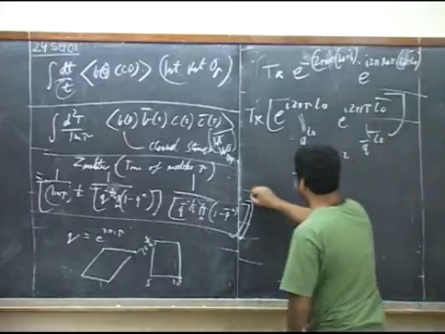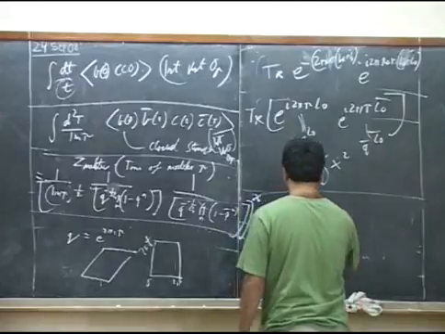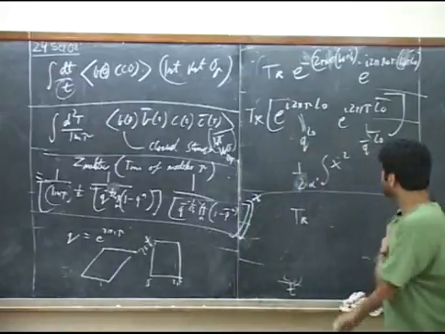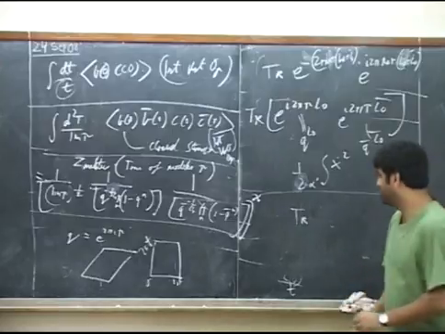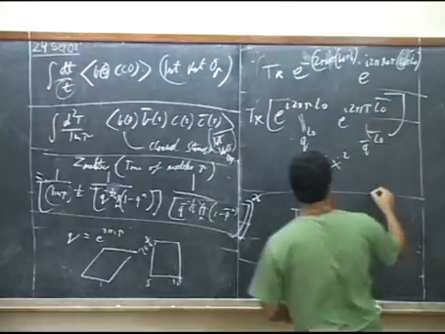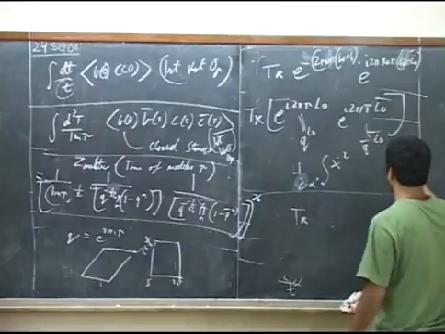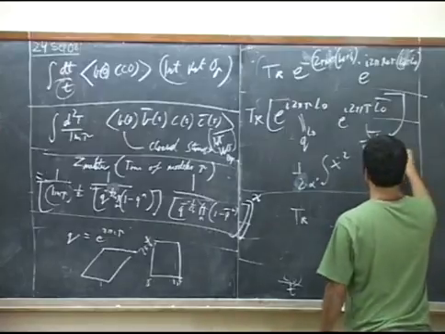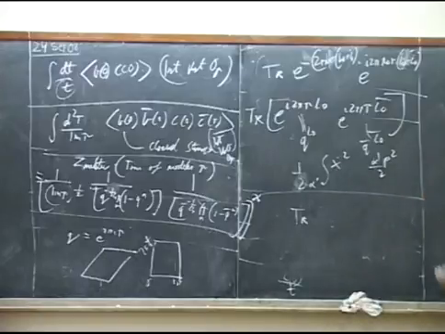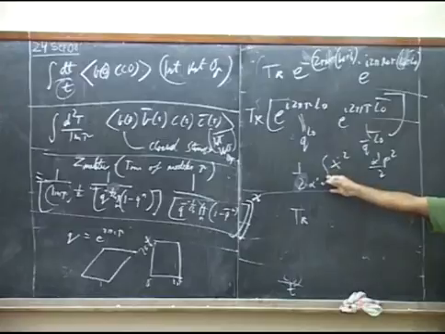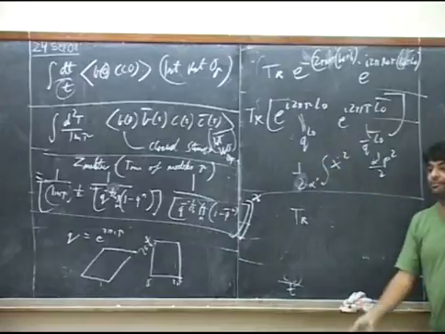Okay, so we have to calculate the trace of this. So what's the spectrum of this? What's the Hamiltonian firstly? The Hamiltonian, that comes from here, is p squared alpha prime by 2. P squared by 2m. This is exactly the Hamiltonian for a non-relativistic particle of mass m, where m happens to be 1 by alpha prime.